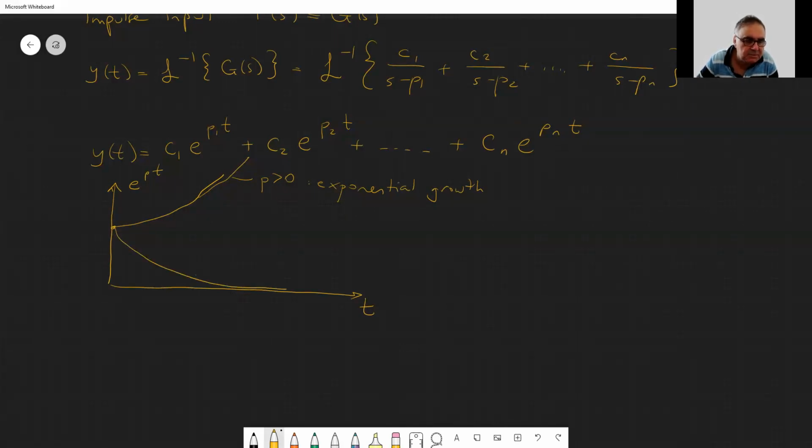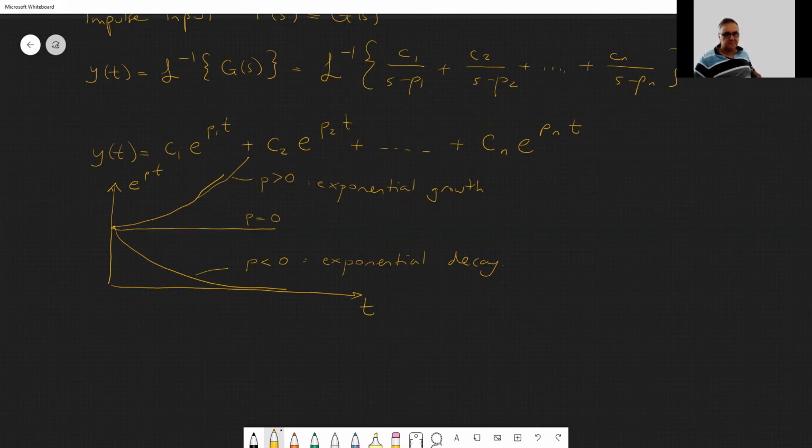And this is possible if p is less than 0, which is exponential decay. Okay. And if you have p equals 0, you have the following, neither growth nor decay.